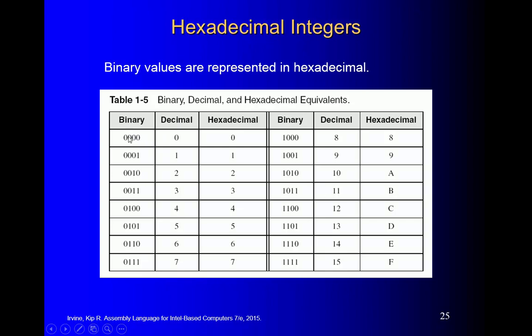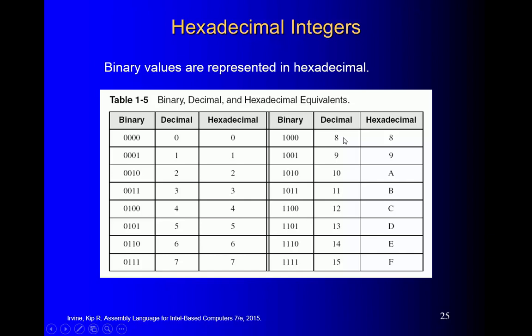We have binary 0, decimal 0, hexadecimal 0. We have binary 1, 1, 1. So we have their equivalence. Decimal 7 in binary is 0111. Same thing in hexadecimal is 7.